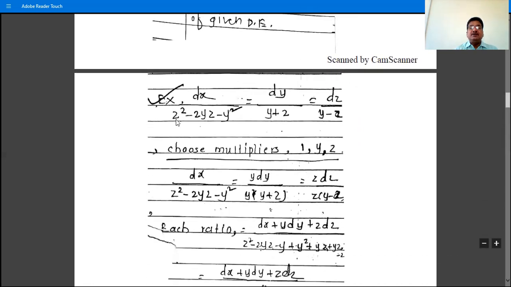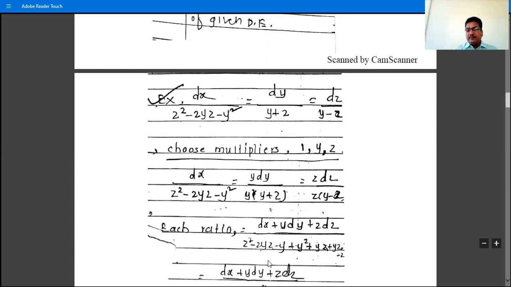Next problem, dx divided by this, dy divided by y plus z, dz divided by y minus z. Then choose multipliers 1, y and z. So after multiplying, each ratio is equal to dx plus y dy plus z dz divided by multiply by 1, multiply by y, and multiply by z.